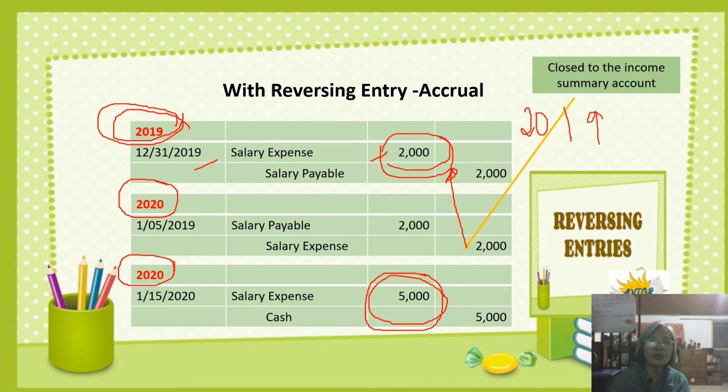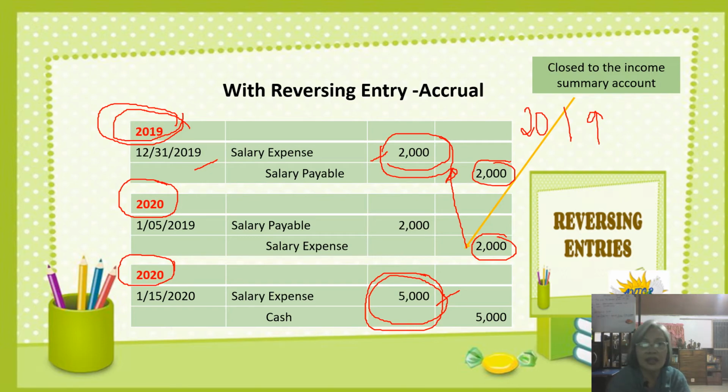So, on 2020, i-reverse natin yan. Buburahin natin yung utang kasi wala naman talaga tayong utang. At buburahin natin yung expense dahil na-close na yan sa income summary. Kaya pag nagbayad tayo ng salary sa empleyado, i-debit na natin lahat yung salary expense at i-credit natin yung cash.